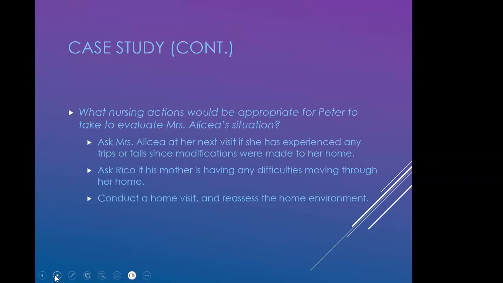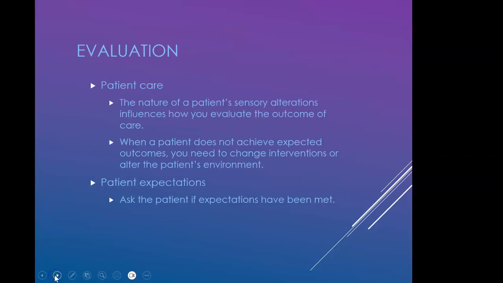If you ran into difficulty, you would have to tweak your interventions, which are the things you did to try to make her situation better, for her to be safe overall and not get injured. So the evaluation, we just went through a full care plan and talked about sensory.